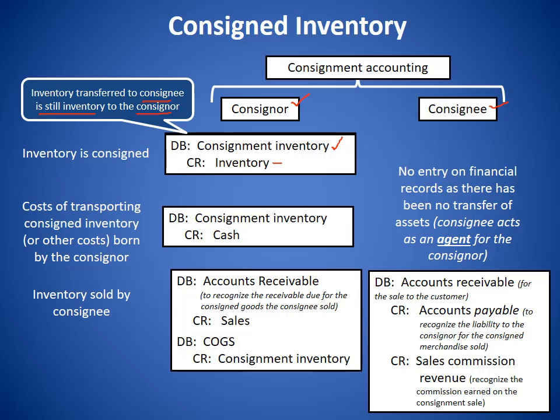So the next step then is getting the consigned inventory to the consignee. And we include in the cost of that inventory the cost of transporting the consigned inventory or other costs. Those are typically borne by the consignor, and those costs go into the value of consignment inventory.